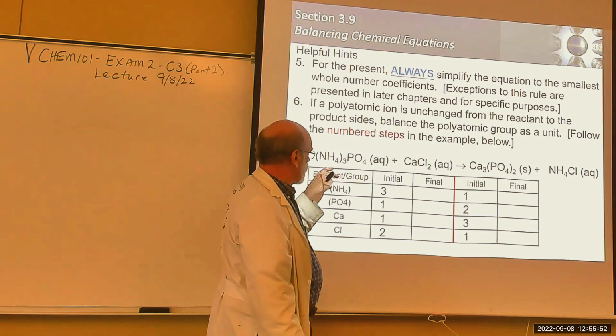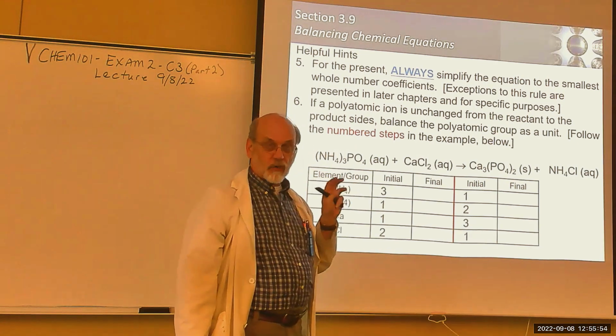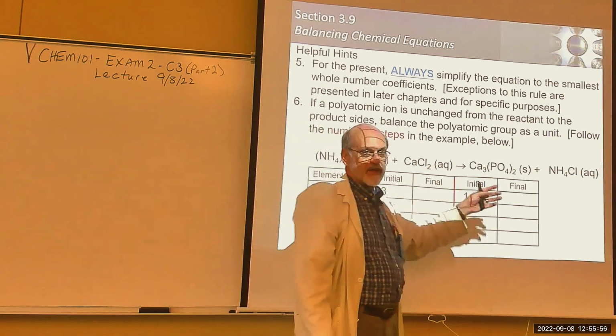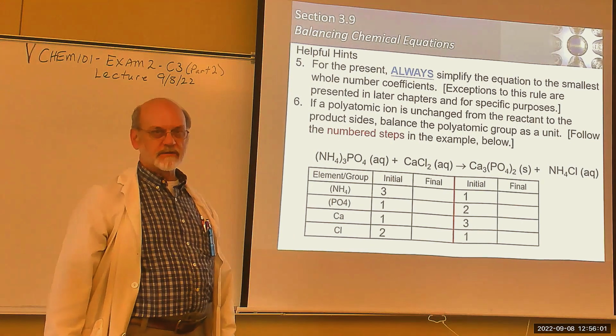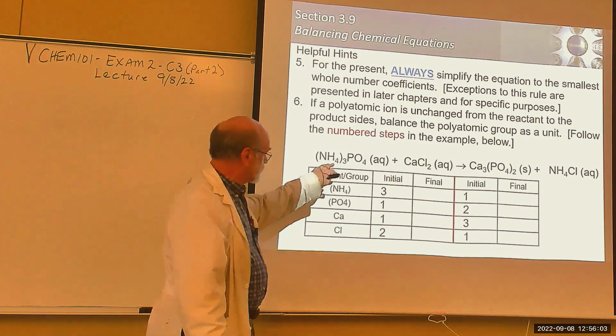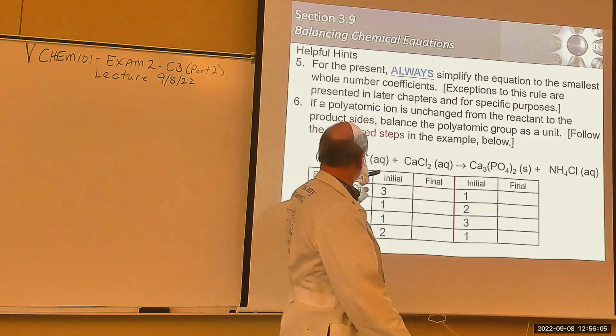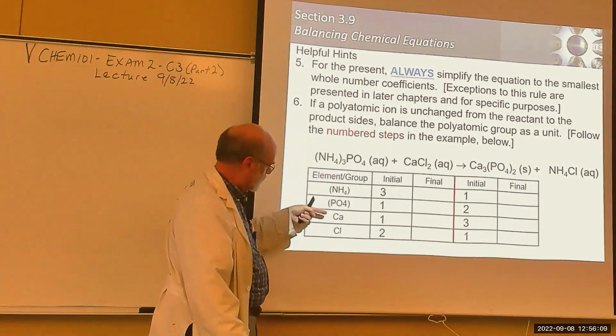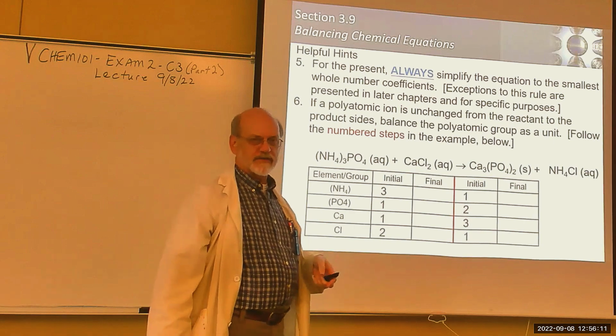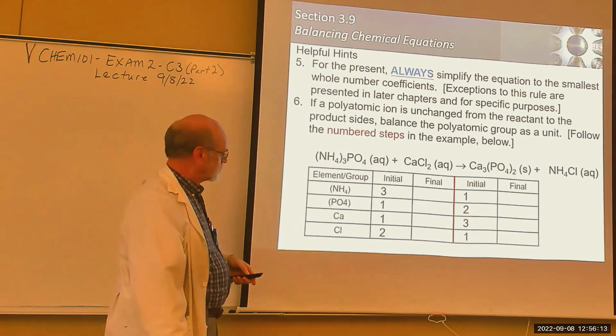If you have an equation where the polyatomic is broken during the process, then you have to go to individual atoms. But as long as it doesn't change from side to side, like phosphate, you can use those as your balancing groups. And that simplifies a whole lot.